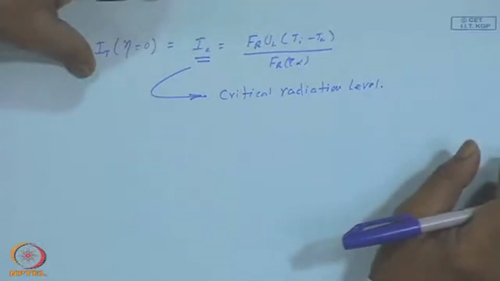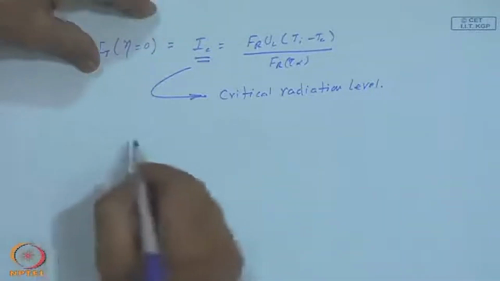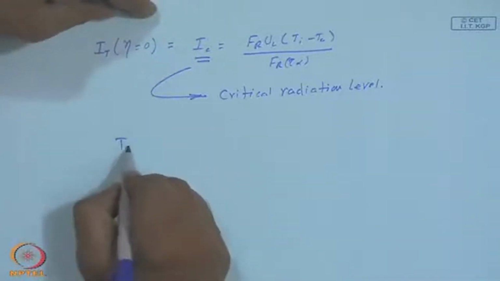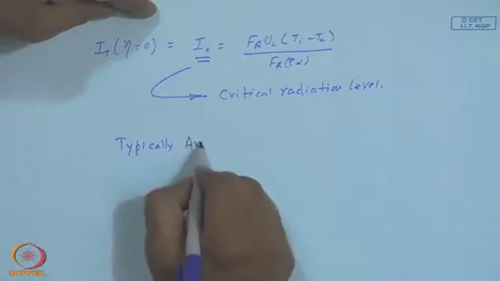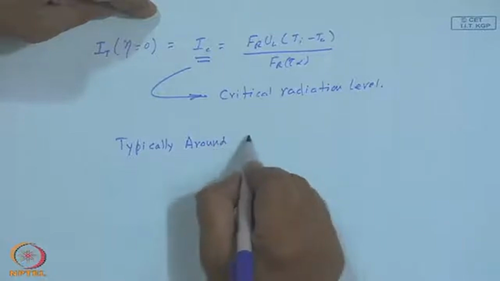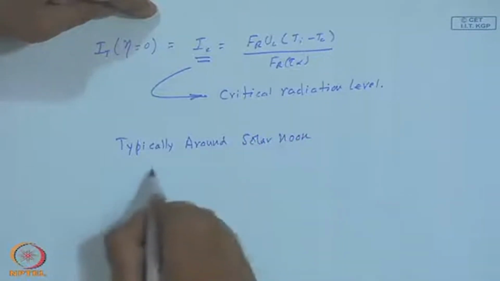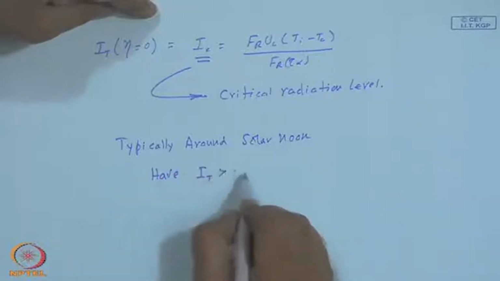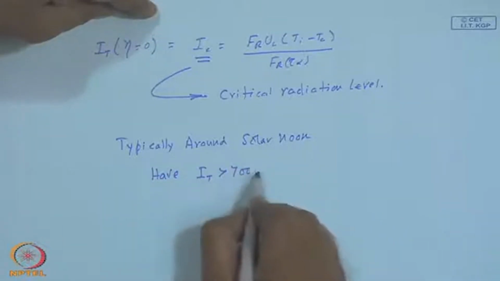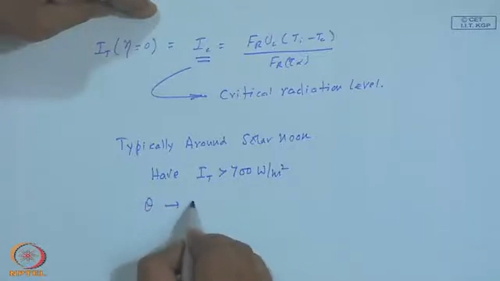Now, there are certain recommendations for the experimental procedure. This is done typically around solar noon, with I_T almost greater than 700 watts per meter square and theta close to 0.